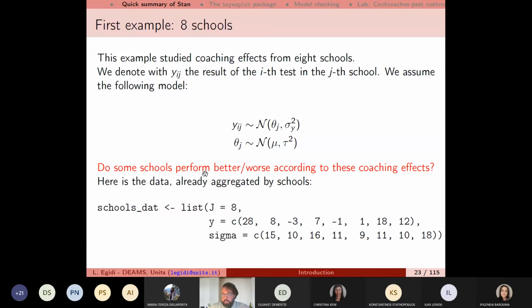The data that are provided usually are already aggregated by school. So in this data example, the data are already aggregated by school. So I have 8 different schools. I have directly the y, which is the average of the test in the different schools, and associated to each school, I also have a measure of standard deviation.